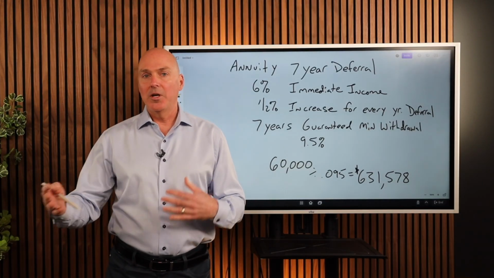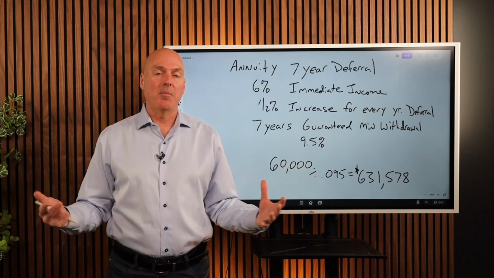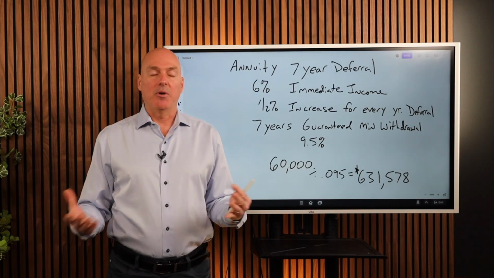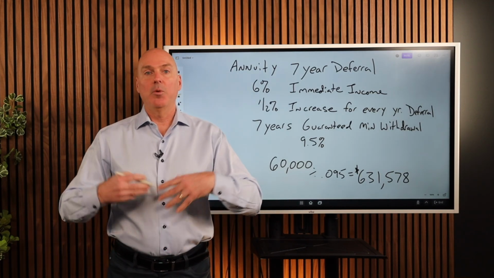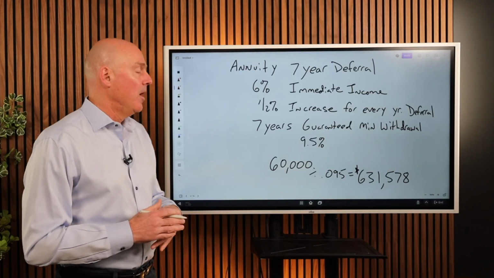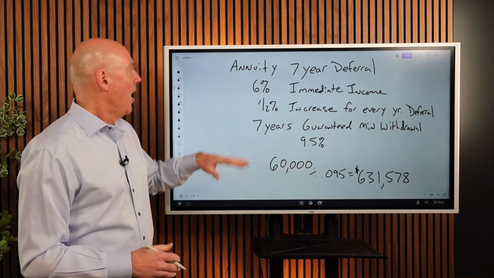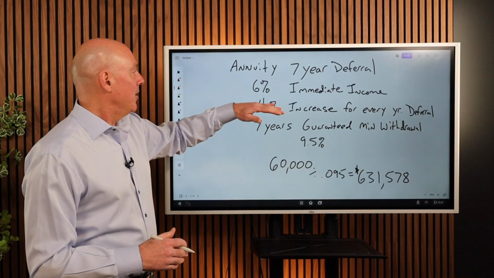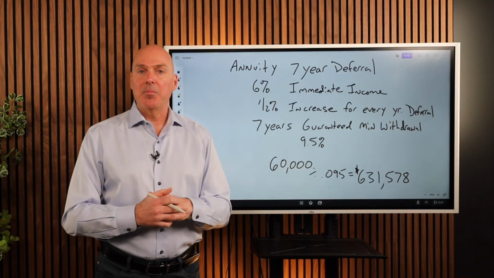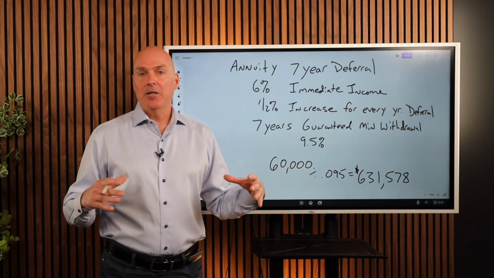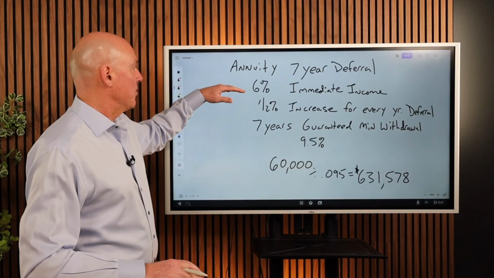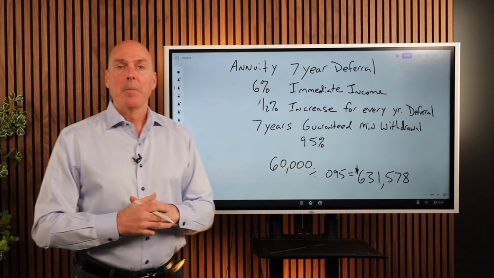Interest rates are still reasonably good in the overall fixed income market, and rates on annuities right now are actually pretty strong compared to where they've been over the last 10 years or so. Again, there's no guarantee we're going to stay at these rates, depending on when you're watching this video, but as we stand right now, a 60-year-old couple taking joint guaranteed income for the rest of their life could get 6% immediate income on their portfolio.